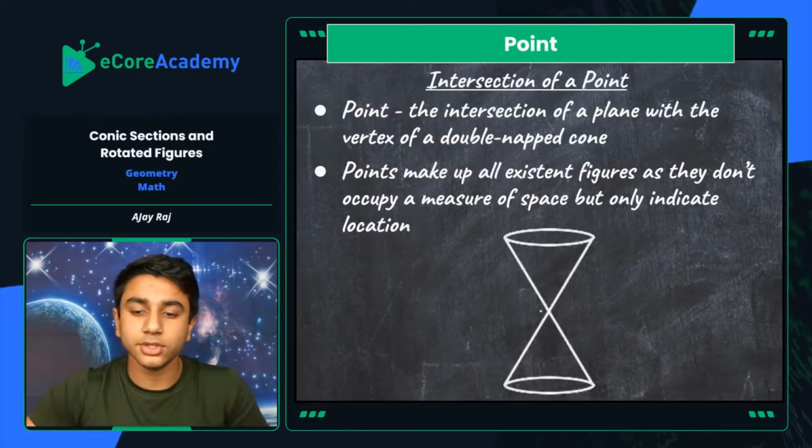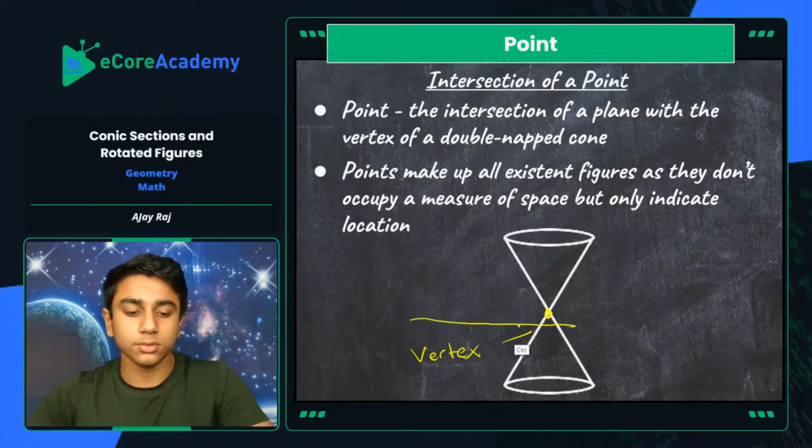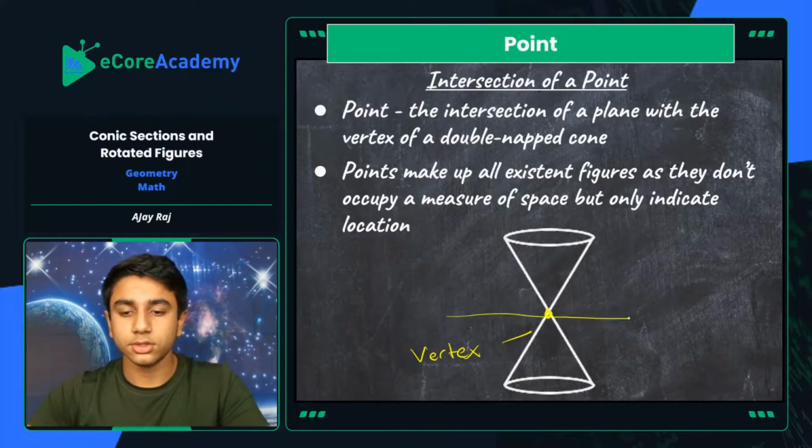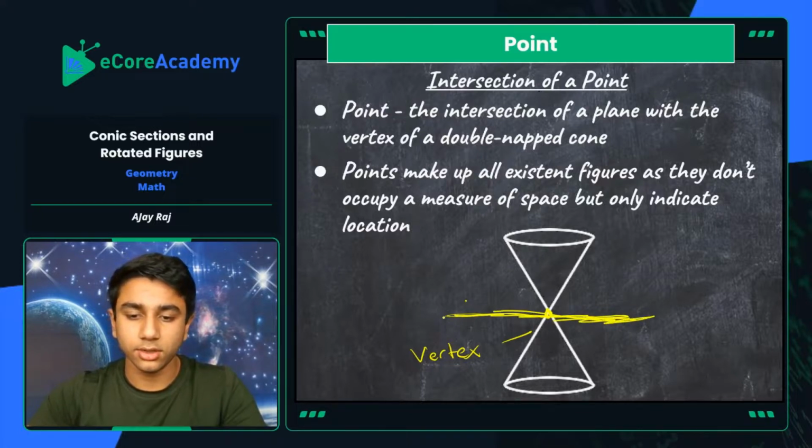And if we take a look here, this is our common vertex right here. Vertex. And this is when our plane intersects through this given vertex, like that, making it thicker a bit, so trying to highlight that.